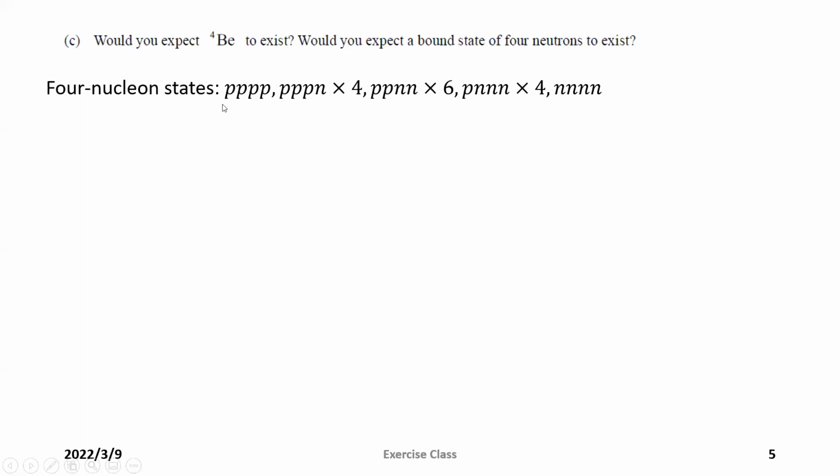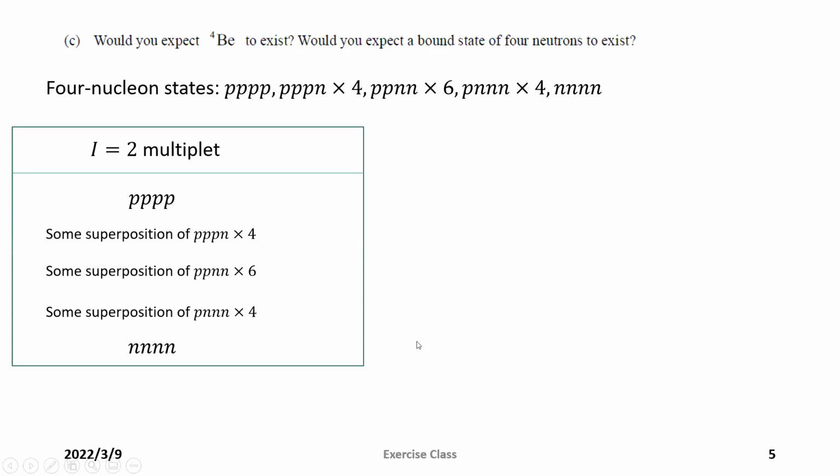So in total we have 16 states. But just like the case of 2 nucleons, they are not the eigenstates of the total isospin.